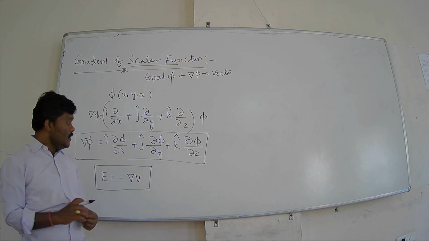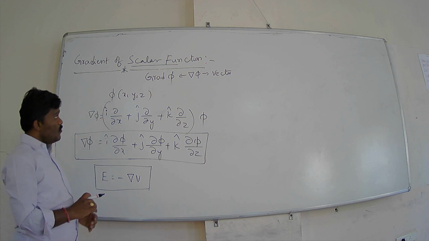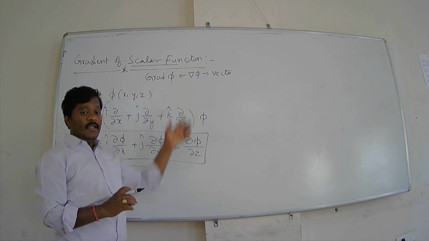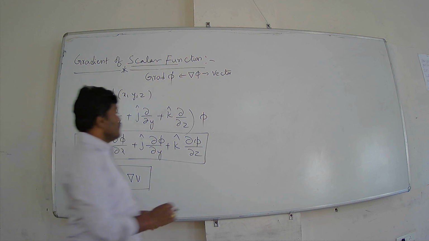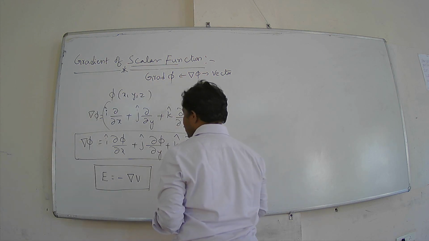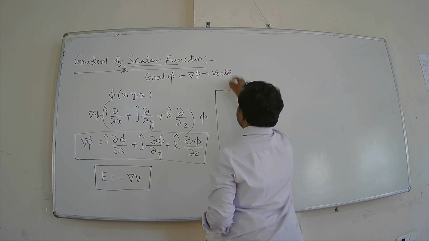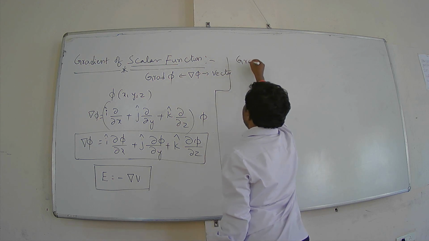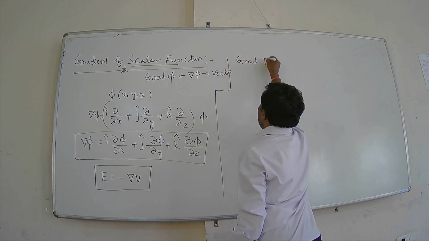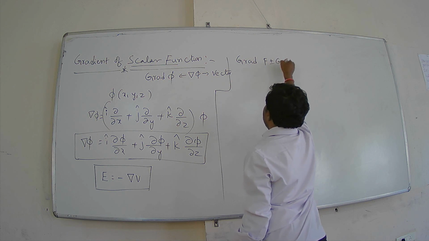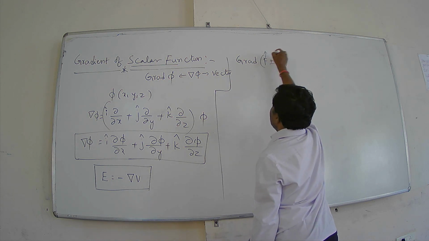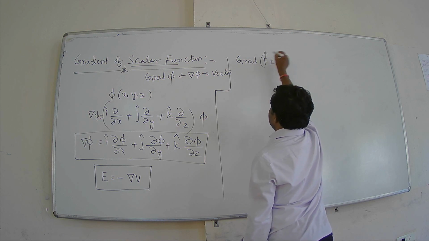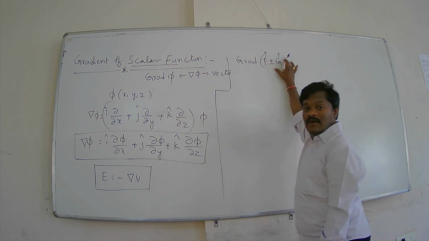Now, what are the properties of the gradient of a scalar function? There are some properties, like the gradient of f plus or minus g. Here f is one function and g is another function.